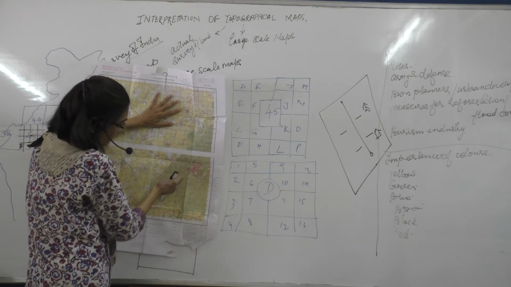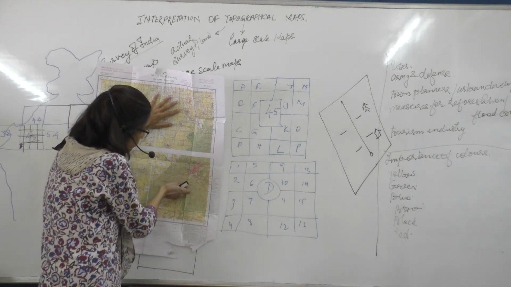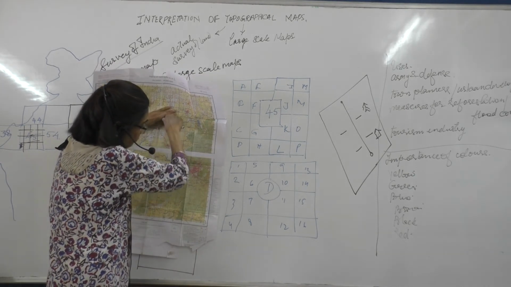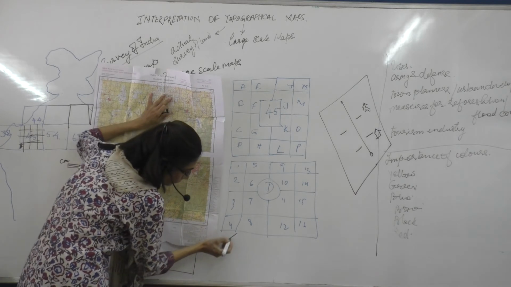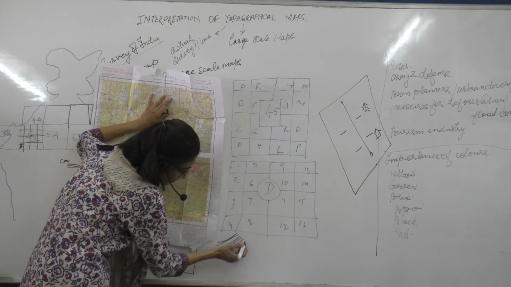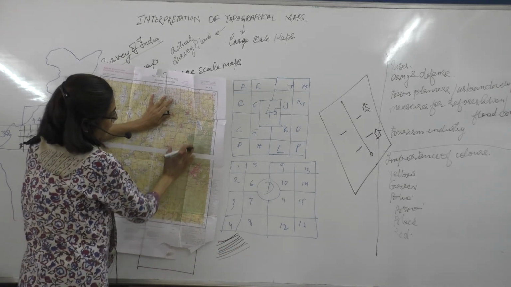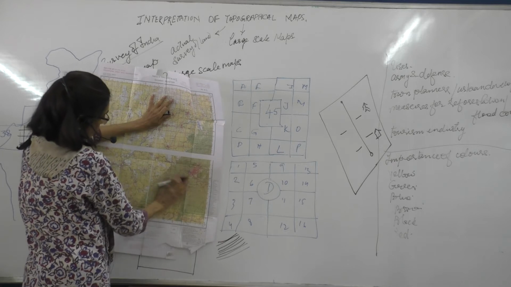Lots of brown lines, closely packed brown lines. If you look at it very carefully, the brown lines are like this, very closely packed, and they are showing the mountainous region.